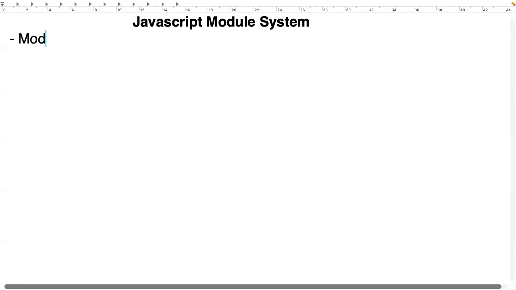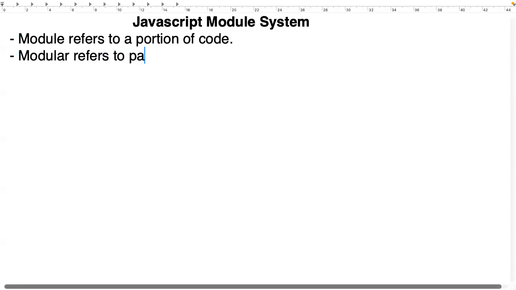Module refers to a portion of code. Modular refers to part by part.